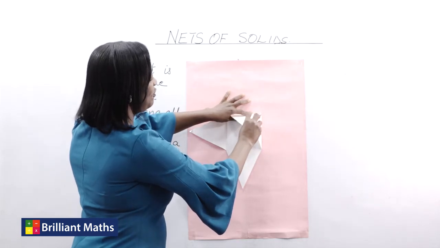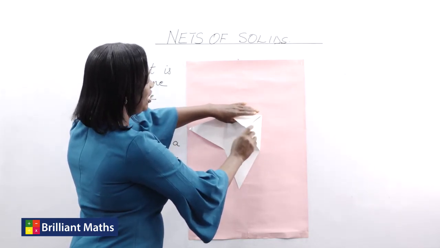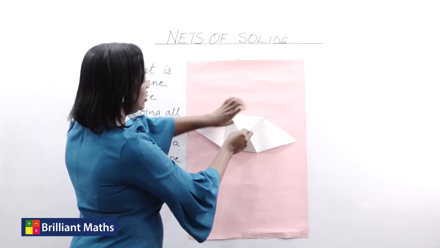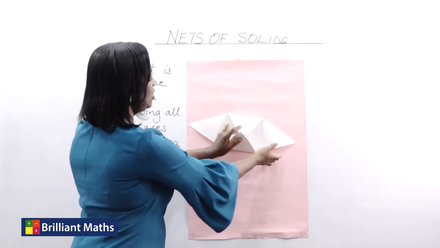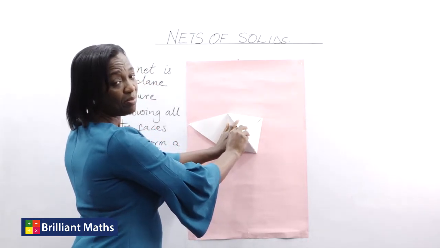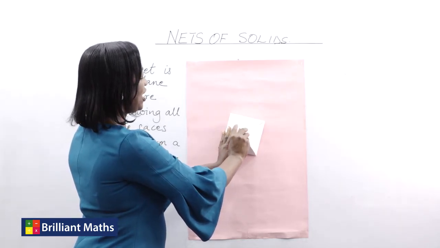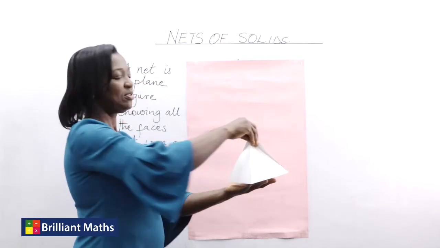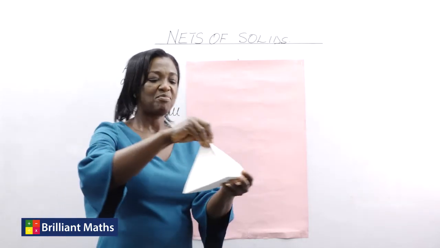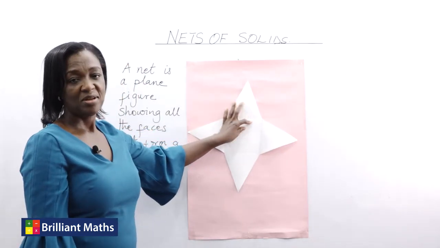So in folding it out, you can see that this is a net of a square-based pyramid. Not a prism, but a pyramid, because it all ends at the tip. Square-based pyramid. So this is a net of a square-based pyramid.